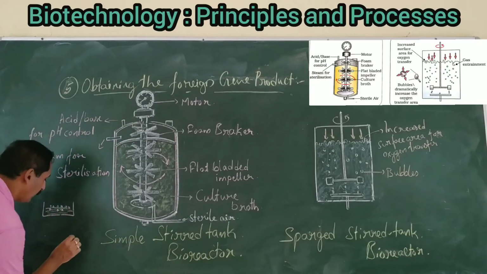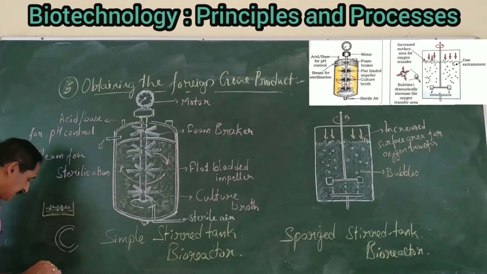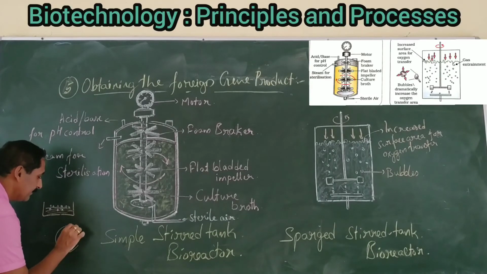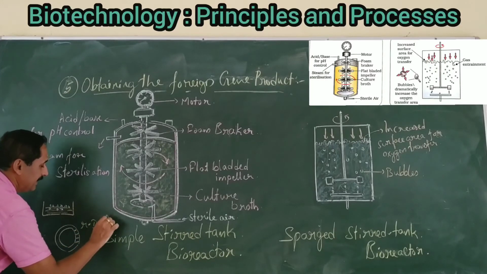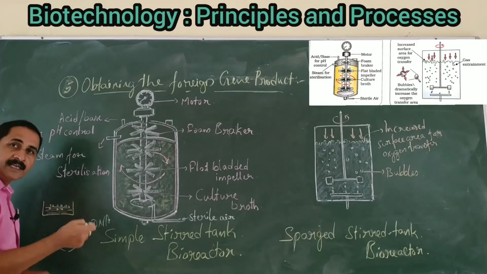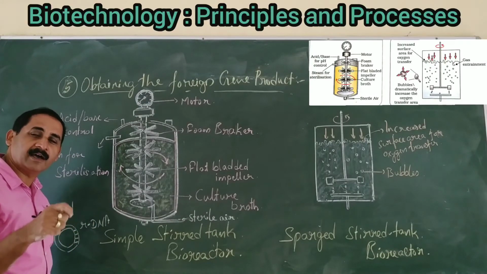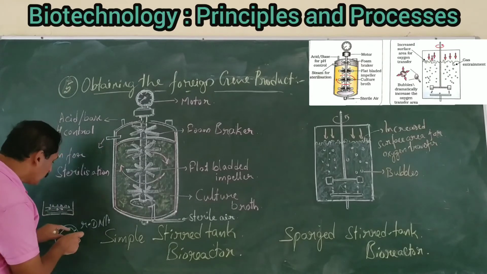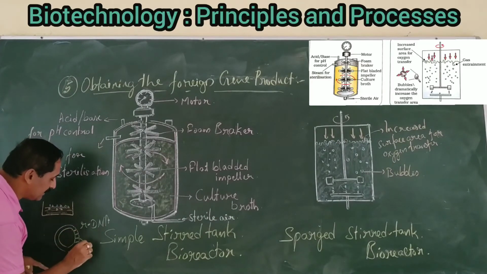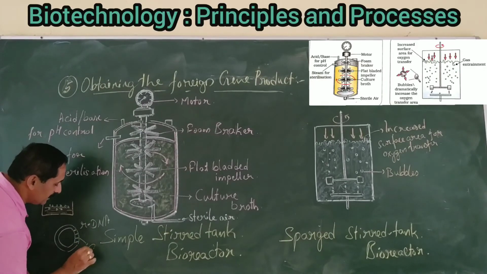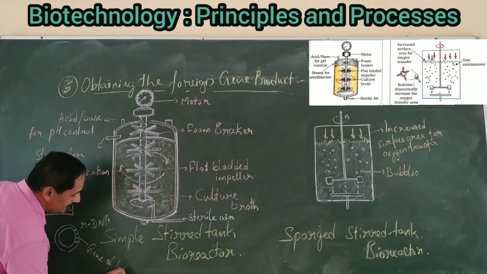We inserted the foreign gene into the plasmid, which forms the recombinant DNA. It produces a product. It may be an alkaloid, an enzyme, or any biochemical. So we have to extract the product produced by this foreign gene or gene of interest in a large quantity.